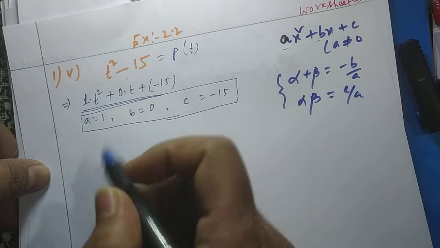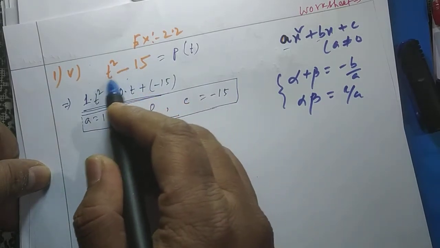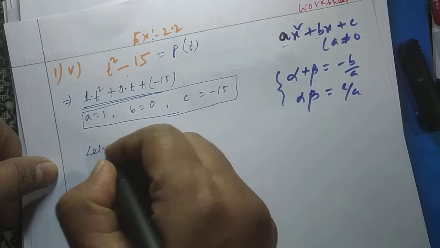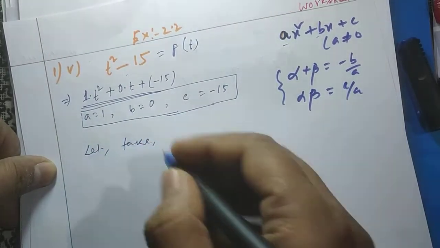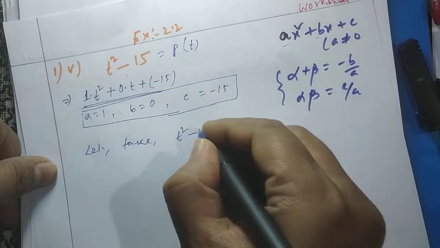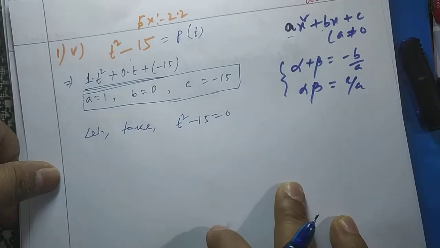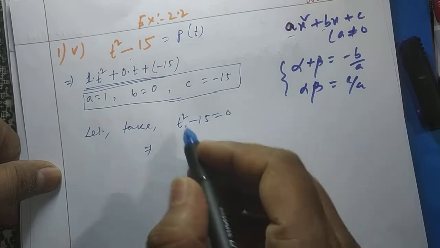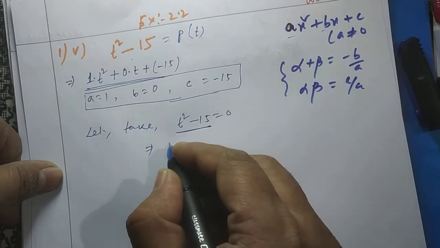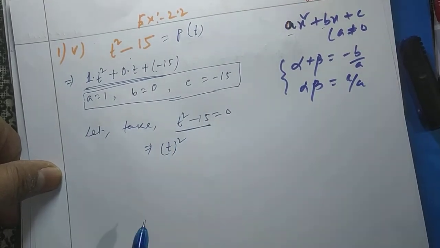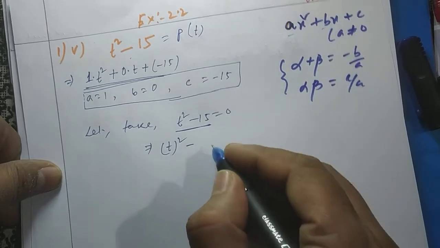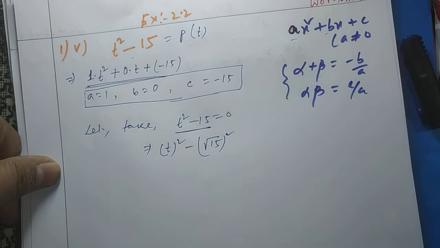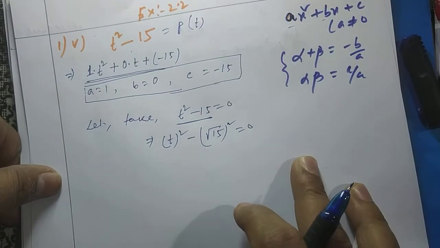Now in the next step, we have to find the zero of this polynomial. For this purpose, let us take this polynomial to be 0. Understood? Now, this t square can be written as t whole square. Correct? And this 15 can be written as root over 15 whole square, equal to 0 as it is.